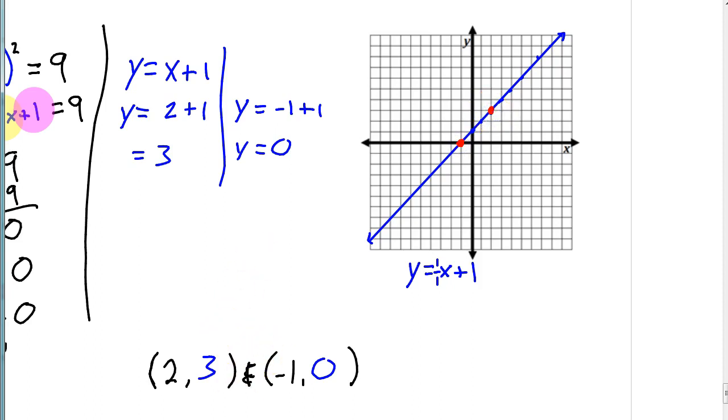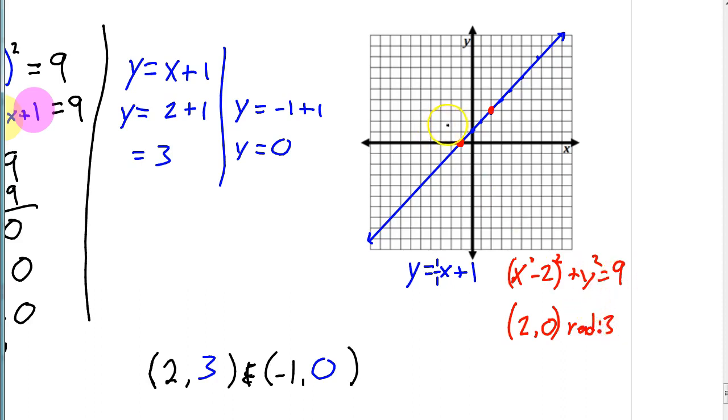So if we graph our second equation, which was x minus 2 squared plus y squared is 9, right? This is a center at 2 comma 0 with a radius of 3.